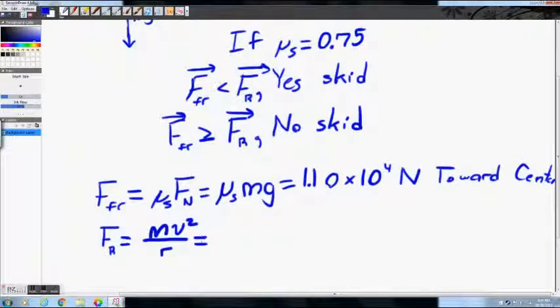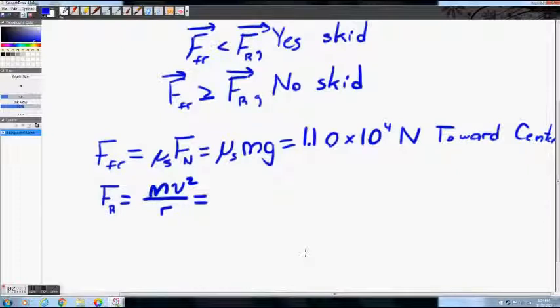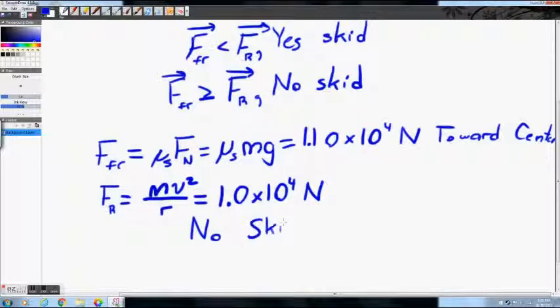Now we're going to see what radial force is required. If the radial force is less than or equal to the friction, then the car will not skid. If it's greater than the friction, then the car will definitely skid. This is mv squared over r, of course. That will be mass of 1500 times the square of the velocity, which was 20, divided by r of 60.